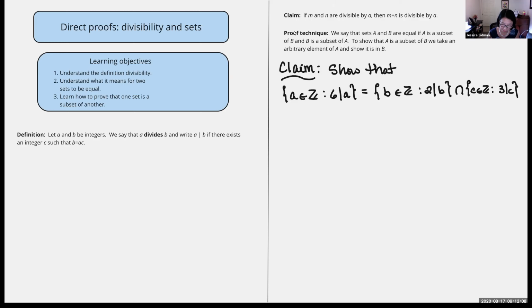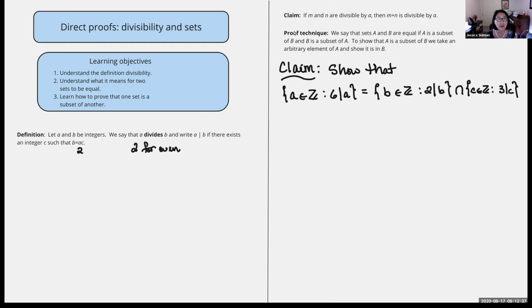So this should remind you a lot of the definition of an even number, right? For an even number, A is equal to 2, and then we get the equation that B is equal to 2C.